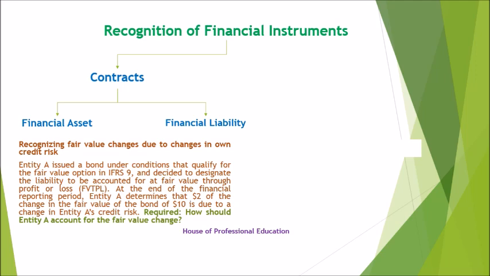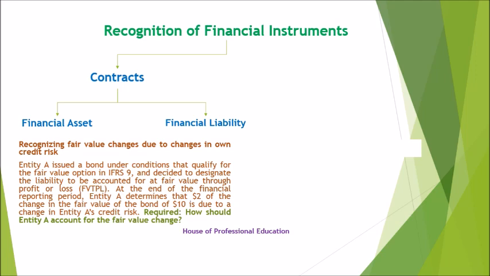At the end of the financial reporting period, entity A determined that $2 of the change in the fair value of the bond of $10 is due to a change in entity A's credit risk. Required: how should entity A account for the fair value change?